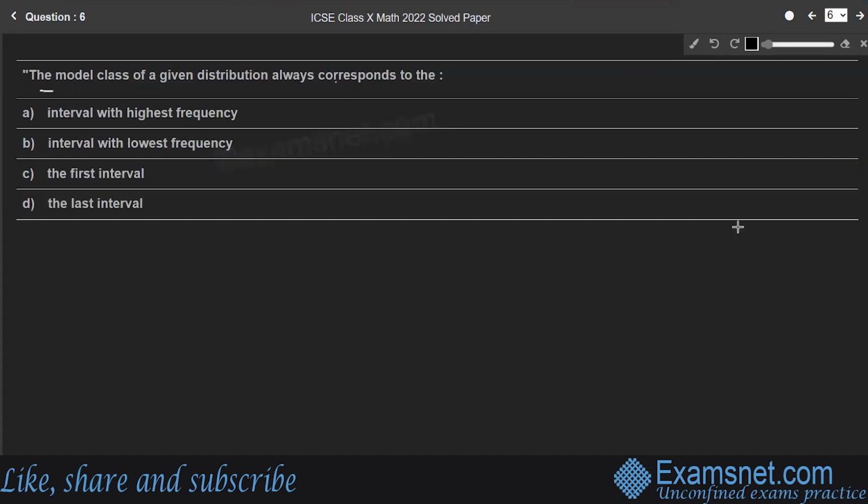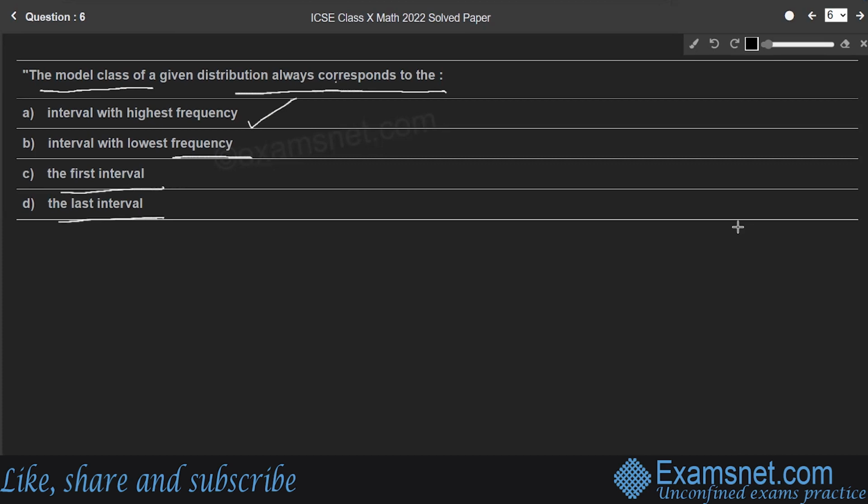Question 6. The model class of a given distribution always corresponds to the interval with highest frequency, interval with lowest frequency, the first interval and the last interval. Here the right answer is the interval with highest frequency.